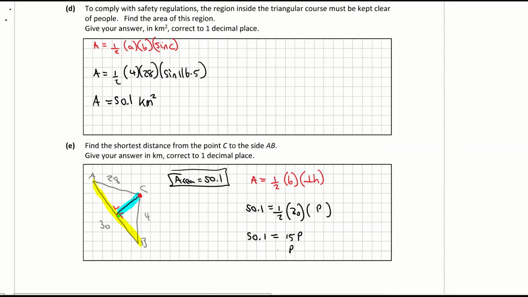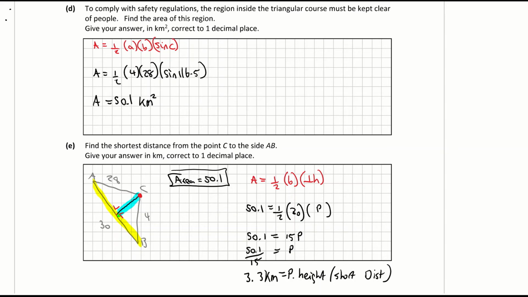And P then is equal to dividing both sides by 15, which gives me a perpendicular height, or shortest distance basically, of 50.1 divided by 15, which is 3.34, but it wants it to one decimal point, so 3.3 kilometers. So the distance from C to the line AB at its shortest distance is 3.3 kilometers.